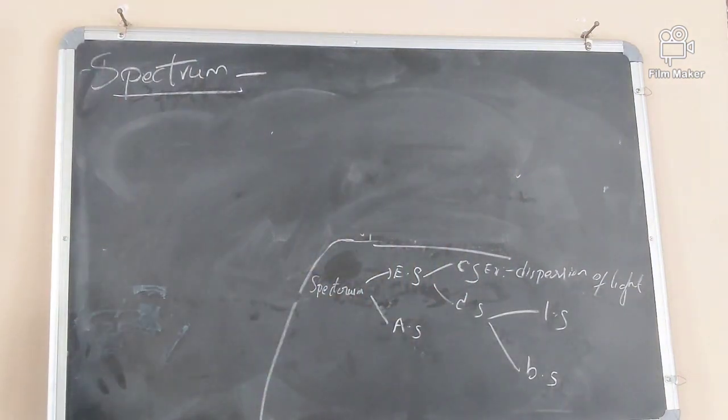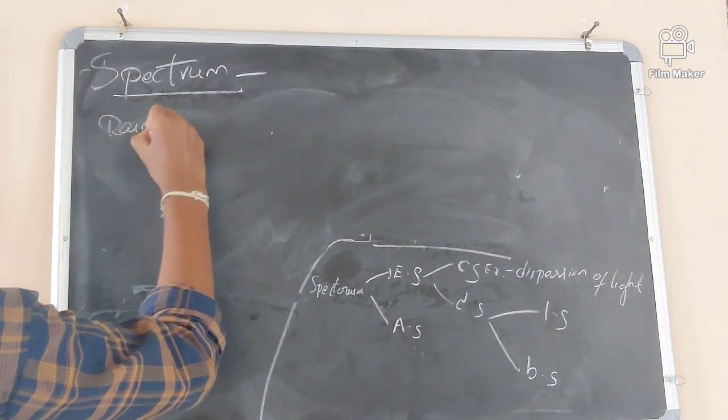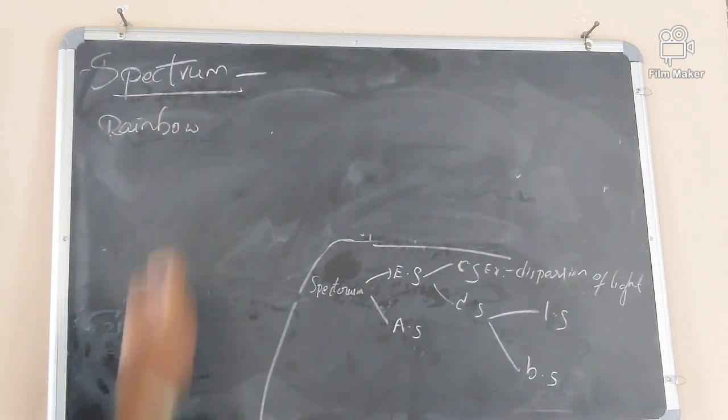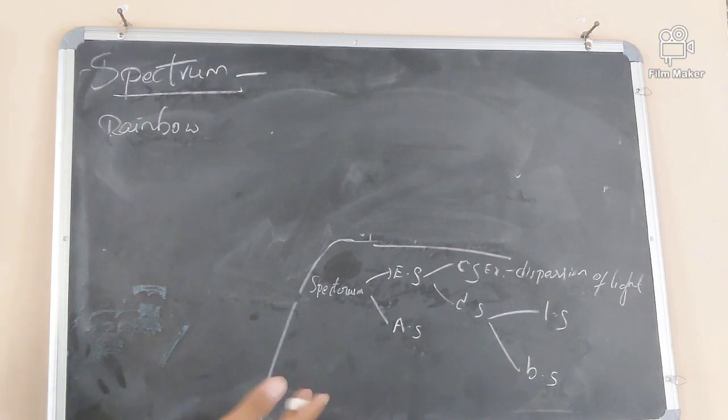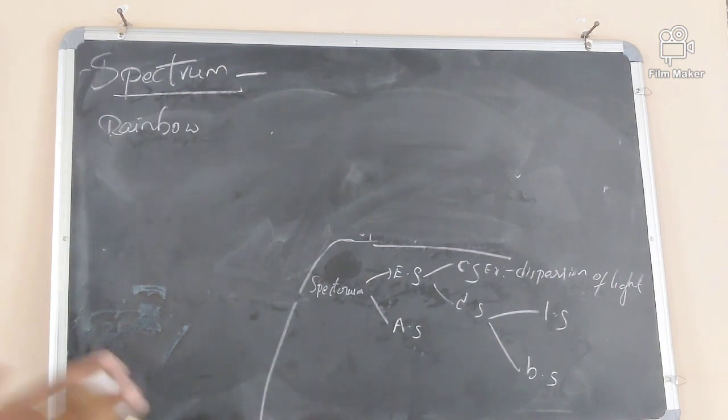So, how does a rainbow look? We have different colors in a rainbow. It is a continuous spectrum because it does not have any boundaries between the colors.